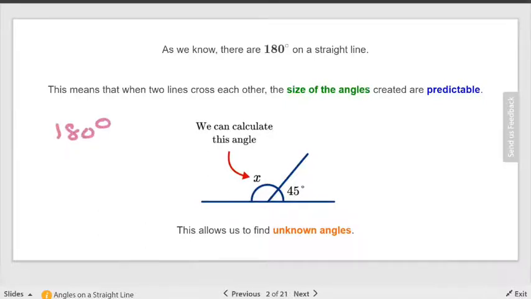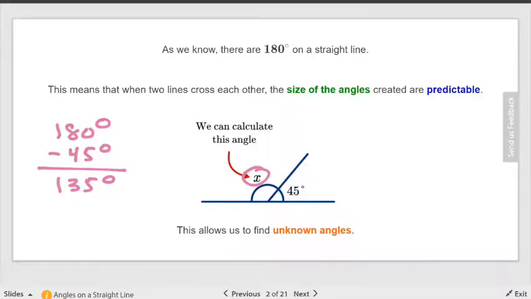Now, remember, we're measuring angles, so that's always in what kind of units? Degrees. I expect to see degrees in your working and in your answer. So 180 degrees minus the 45 degrees we know gives us 135 degrees left over. So that's the measure of angle X.